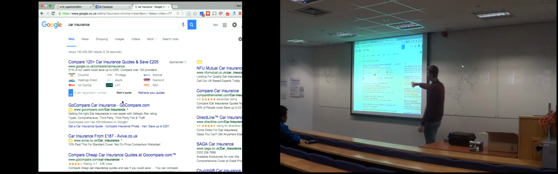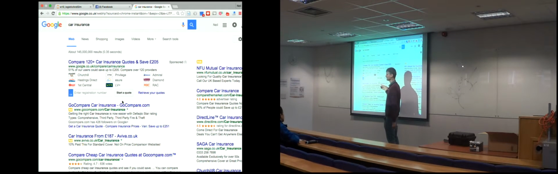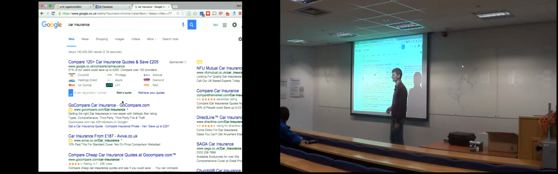If I click there now, how much money will Google make? Who thinks it's less than £1? Who thinks between £1 and £10? And who thinks it's more than £10?